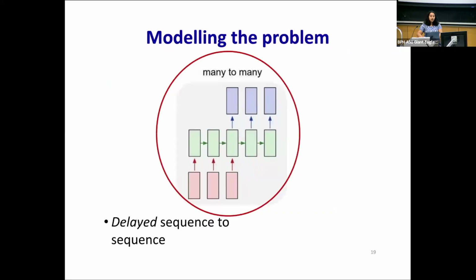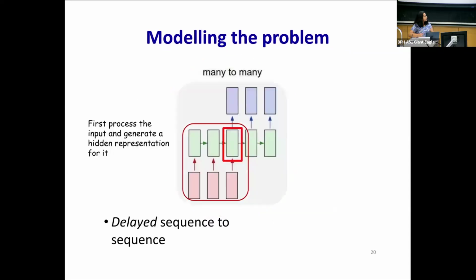Let's have an overview of the model architecture. We do delayed sequence to sequence, where you first process the entire input and create a hidden representation for it. If you see here, the one in the red box would have the entire sentence's detail. You pass word by word to the model, but only once the sentence is completely passed is the final hidden representation created by the model used for the decoder.